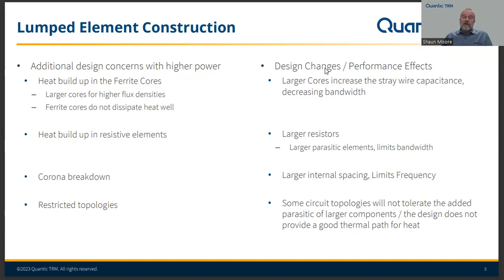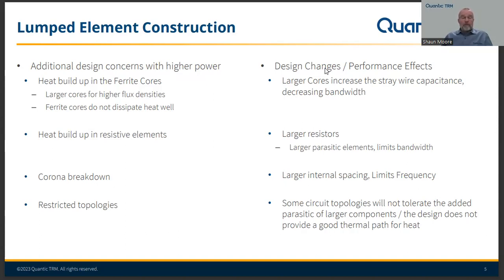Again, this is a similar discussion to what we had for the distributed elements. Once you start going to larger physical resistors, you have to start looking at parasitics. Same problem with corona breakdown and the restricted topologies.